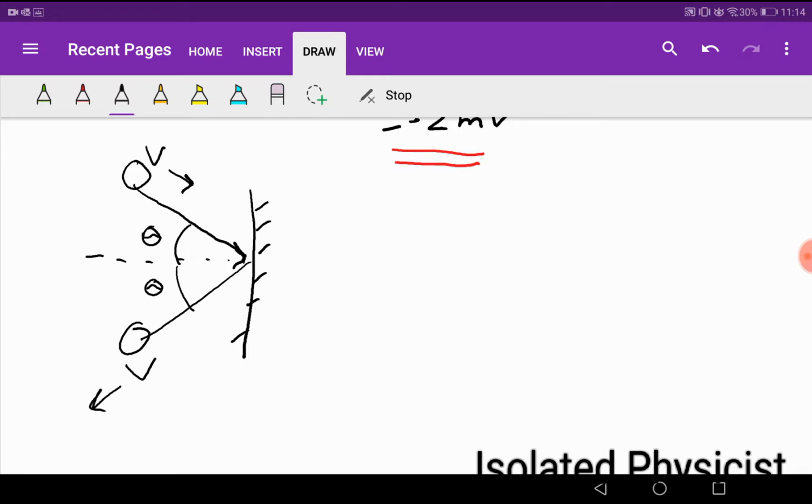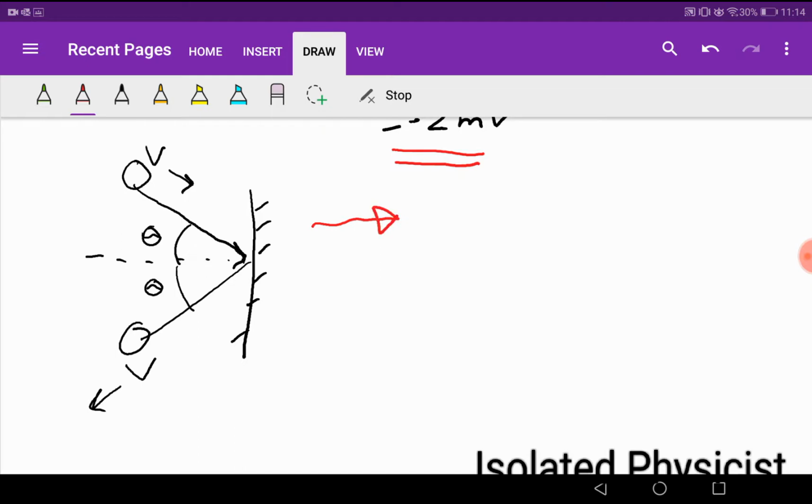Because momentum is a velocity, so a vector, it has direction, and what we've got to do is look at it only in the horizontal direction.